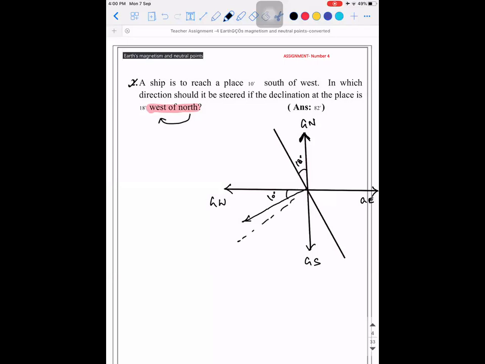So if I draw it like this, this will be magnetic north, this will be magnetic south, this will be magnetic east, and this will be magnetic west. Now tell me what should be the answer.